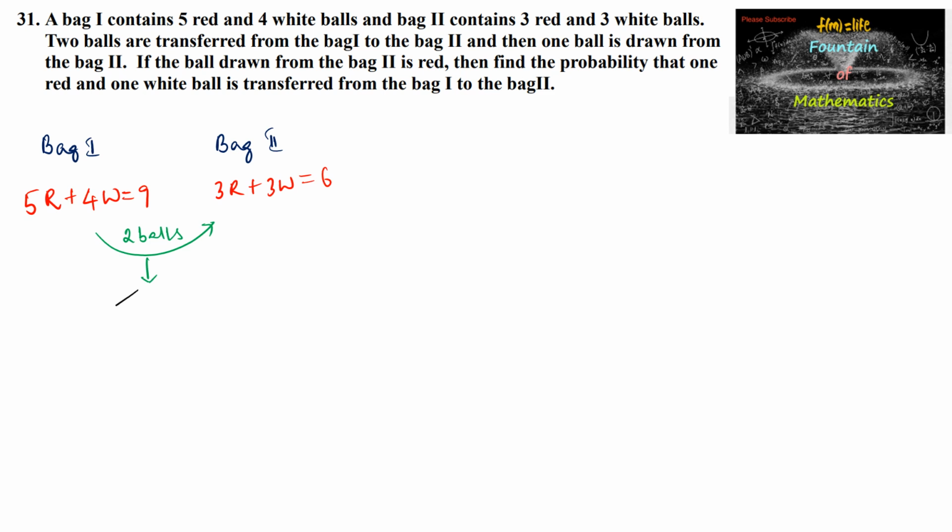Suppose the 2 balls are red. If 2 red balls are transferred from bag 1 to bag 2, then we'll have a total of 3 red plus 2 red, that is 5 red balls, and again 3 white balls.